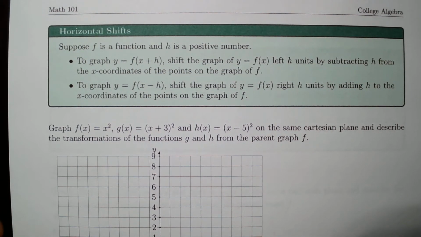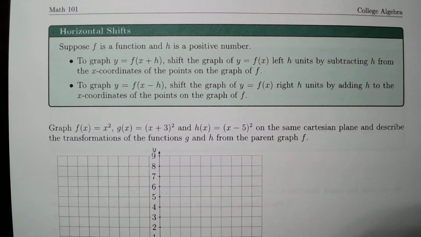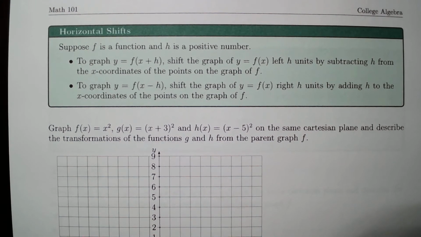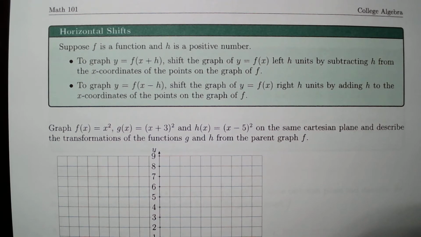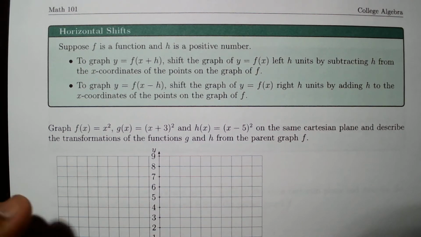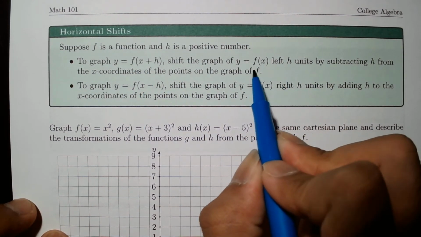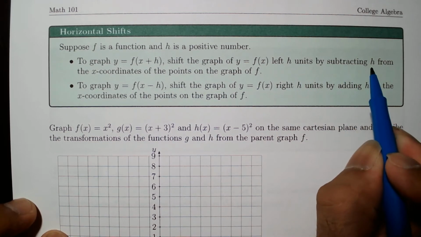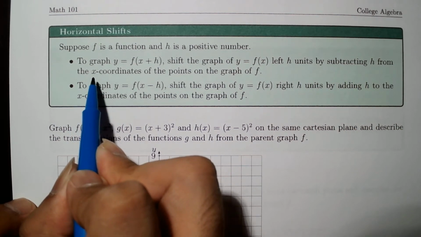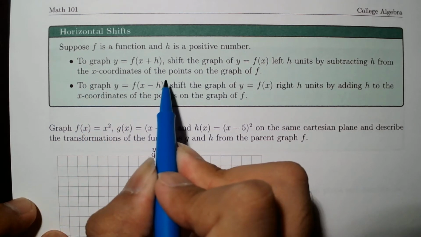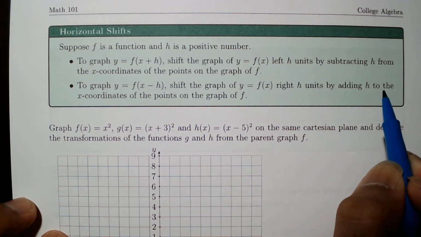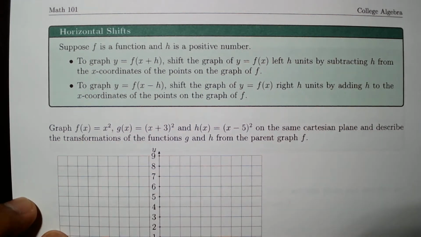As opposed to the previous case, the plus k, we added k units to the y values, and the minus k, we subtracted k units from the y values. Now, for the f of x plus h, we subtract h from the x's this time. And for x minus h, we add h to the x coordinates.